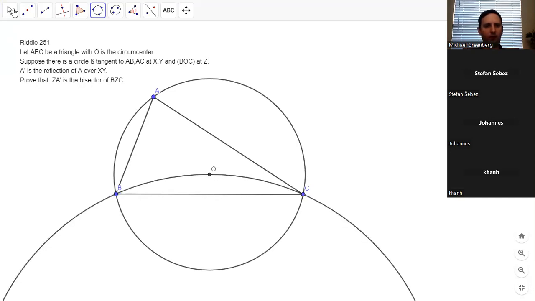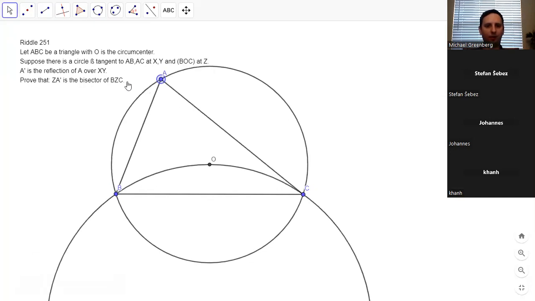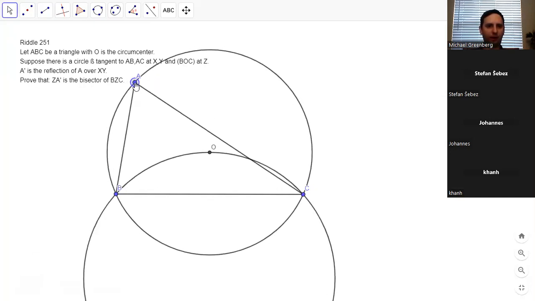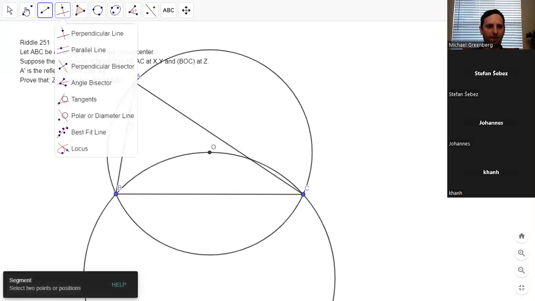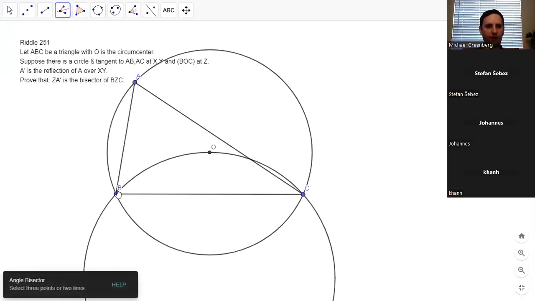You want to draw a circle tangent to AB, AC, and BOC. So I don't know of a great way to draw a circle like that, unless you guys have an idea of how to do it.